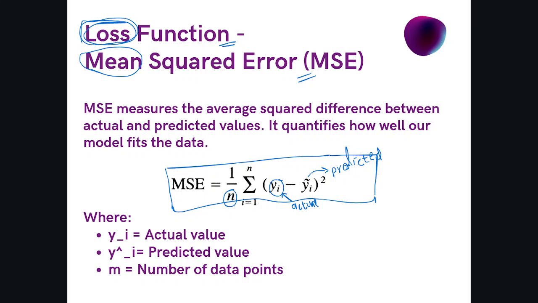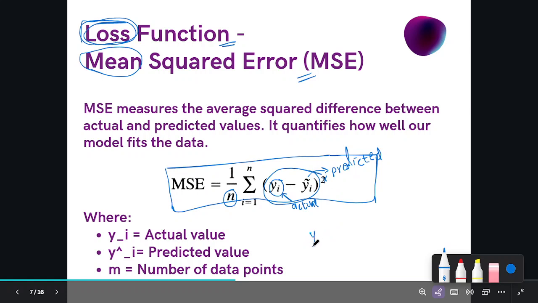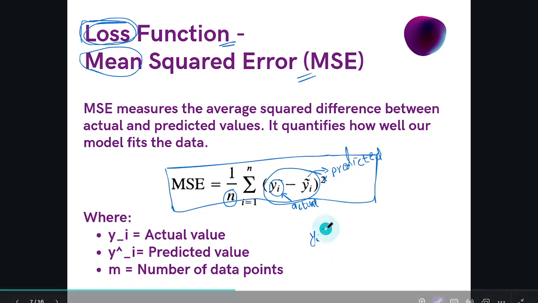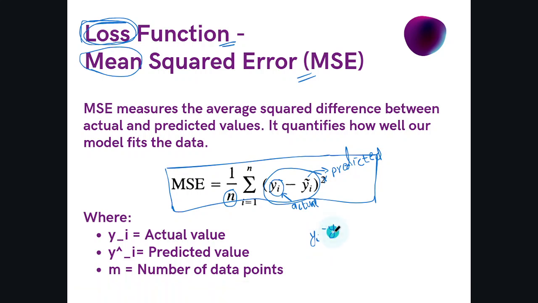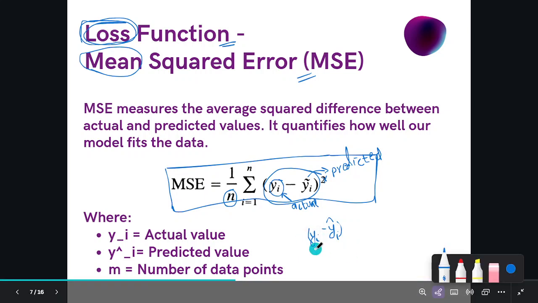It is the squared error. What do you mean by error? See, this is basically error, without this 2. Just forget this 2 for a second. This is what we call error: the actual value minus the predicted value. So this is the error squared, squared error.